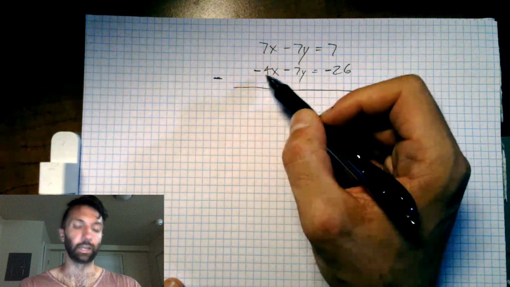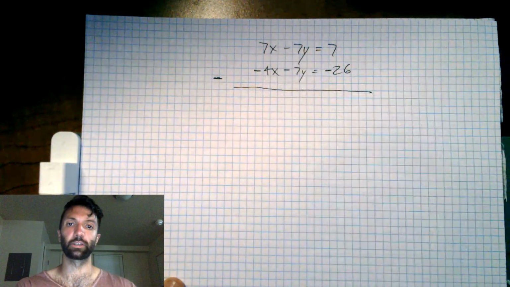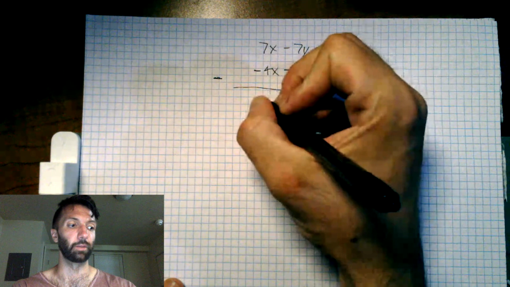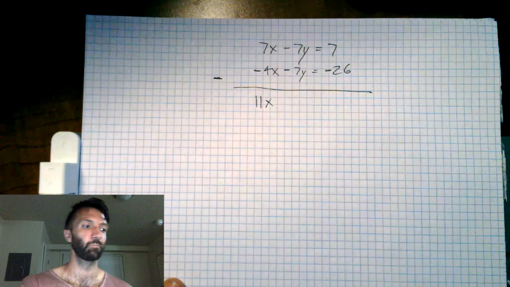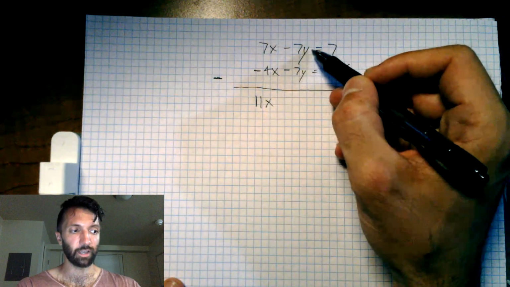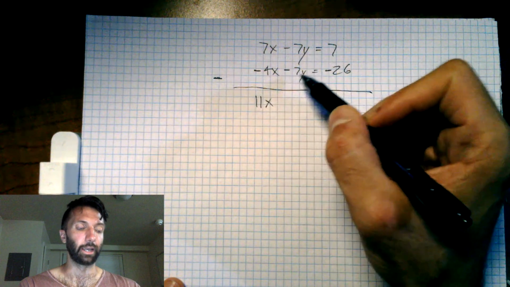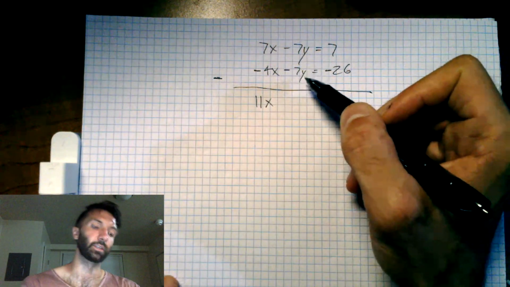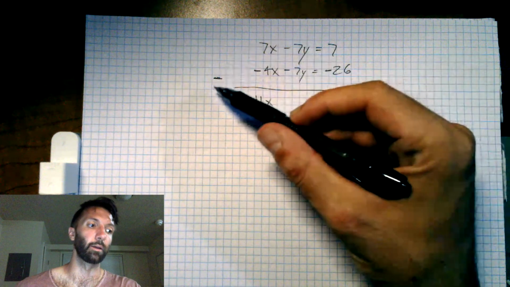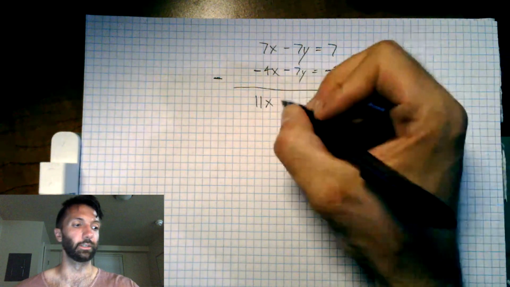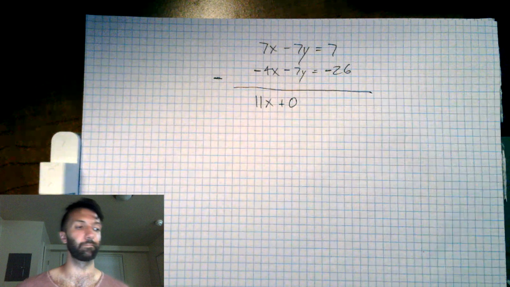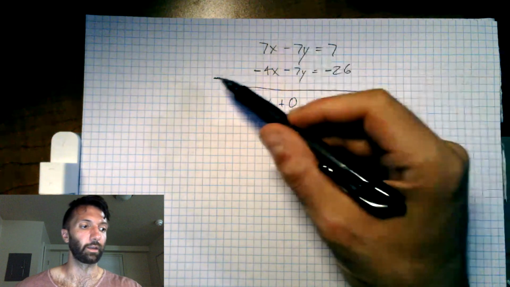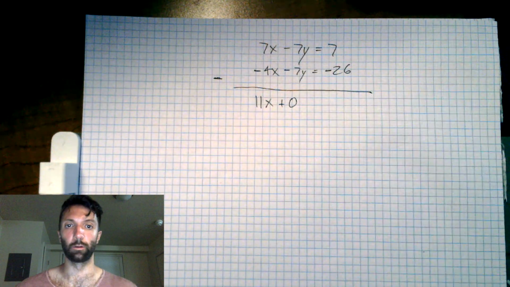7x minus negative 4x, that's the same thing as saying 7x plus 4x, which is going to be 11x. All right, and then negative 7y minus negative 7y is the same thing as saying negative 7y plus 7y, which is 0. Anything minus itself is 0.